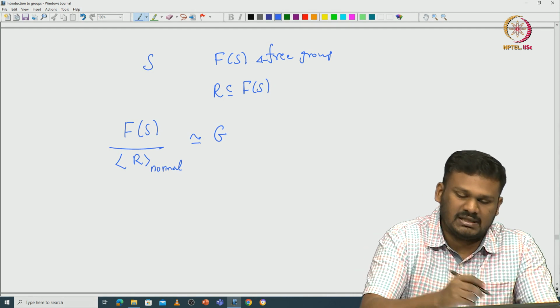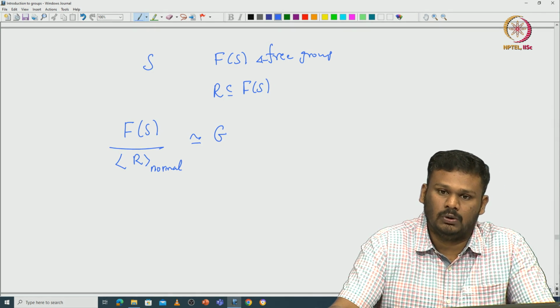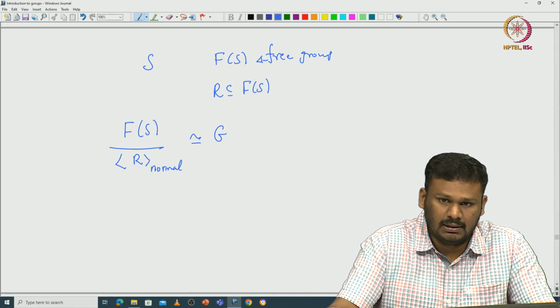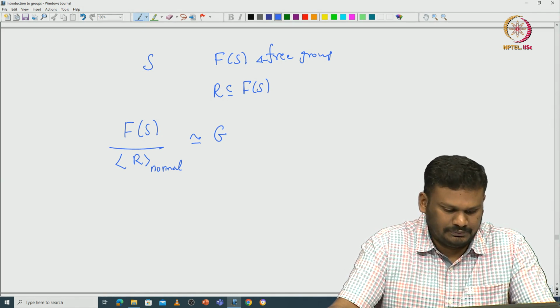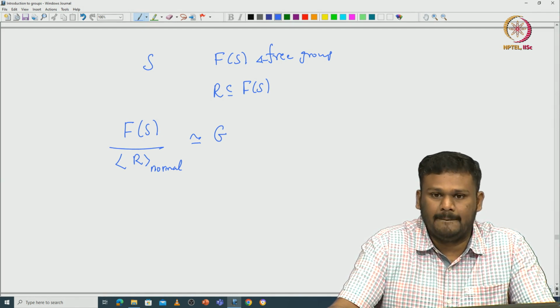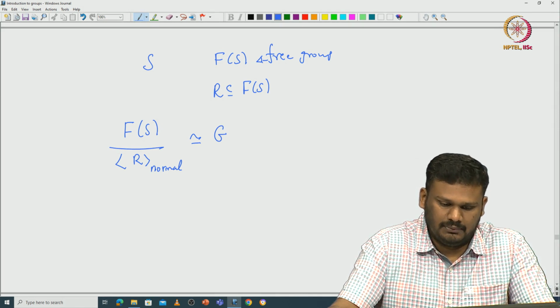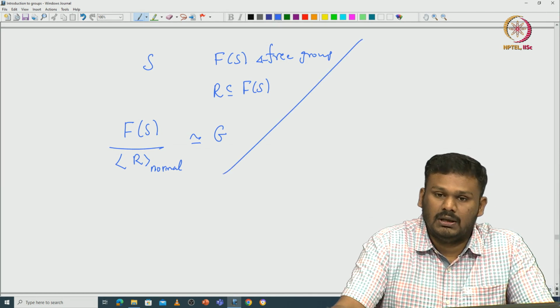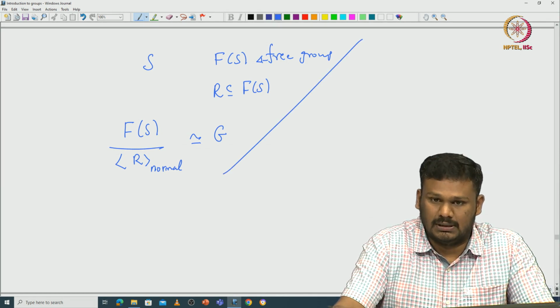So the quotient makes sense. Once you have a normal subgroup, we have already seen that the quotient makes sense. That quotient you demand to be isomorphic to capital G. This already tells you that the presentation of a group is not unique.